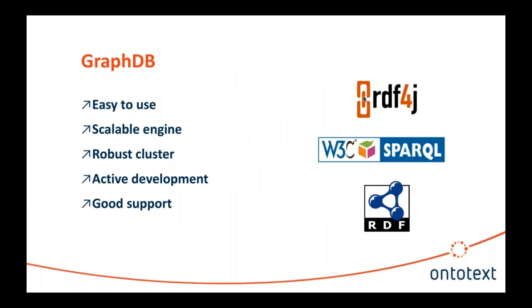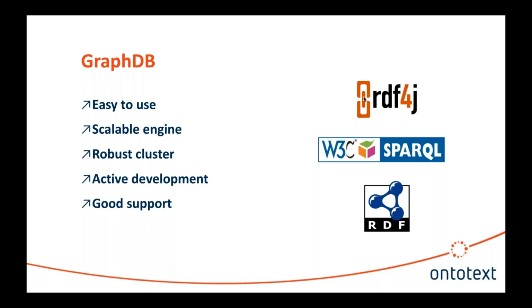So what is GraphDB? GraphDB is an RDF database which is compliant with the RDF4J interfaces. The key distinction of GraphDB is that the database is very easy to use. It allows you to load data sets of several billions of statements, and it also allows you to grow your application from the free version to the standard edition to the enterprise edition, which supports robust cluster and scaling.